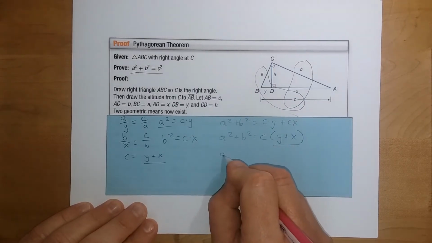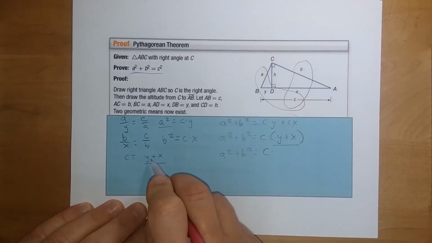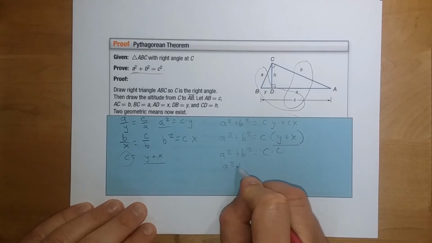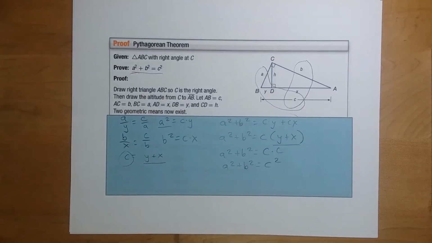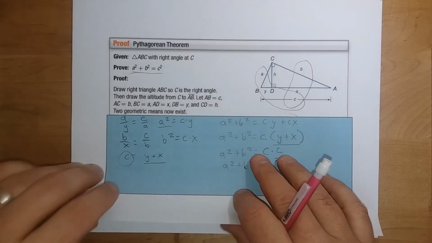We could rewrite that as a squared plus b squared equals c times c, or a squared plus b squared equals c squared. So just another interesting way to prove the Pythagorean theorem and show that all of this stuff really fits together well and proves itself.